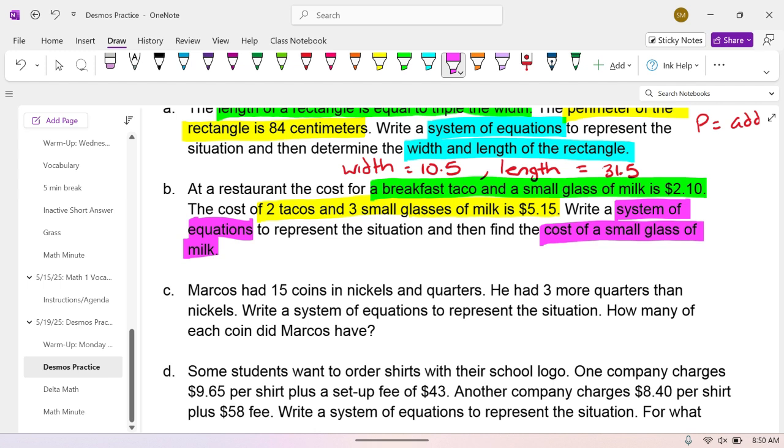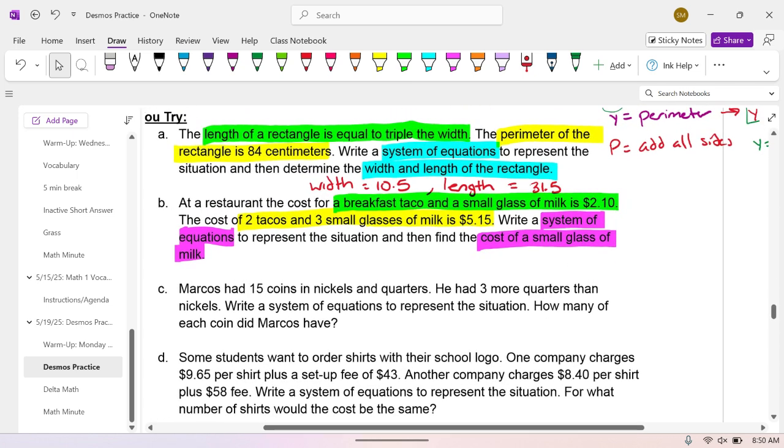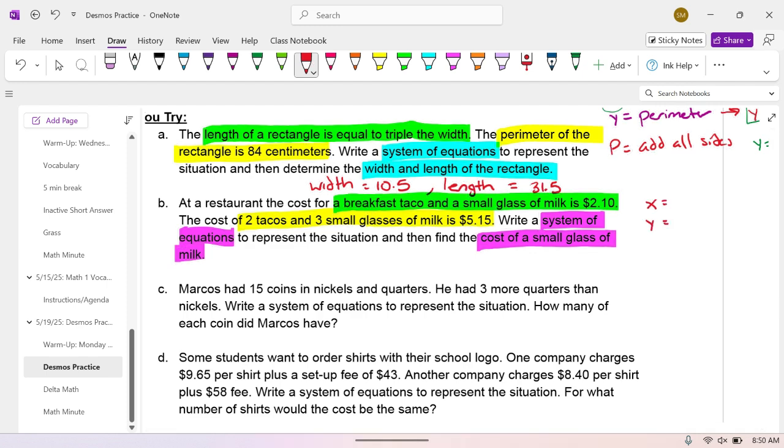Now, let's do our analysis. First things first, whenever you do an analysis with systems, you want to define your variables. Something's going to be X, something's going to be Y. Remember, when you're talking about X and Y, you're looking at what they're talking about. What are the 2 things they're talking about here? The tacos.